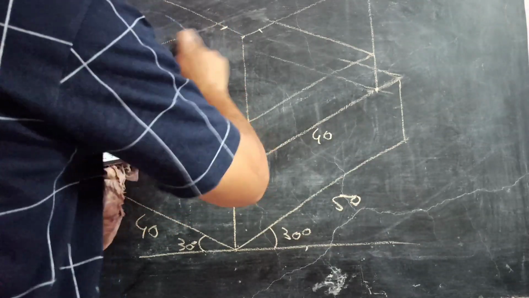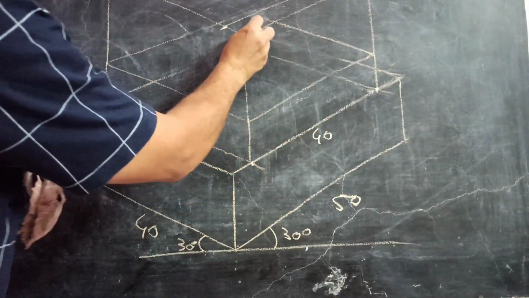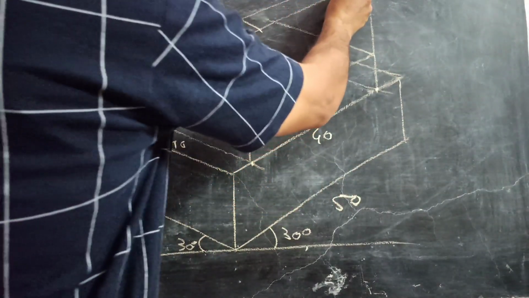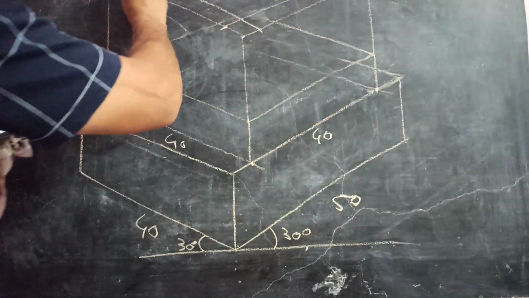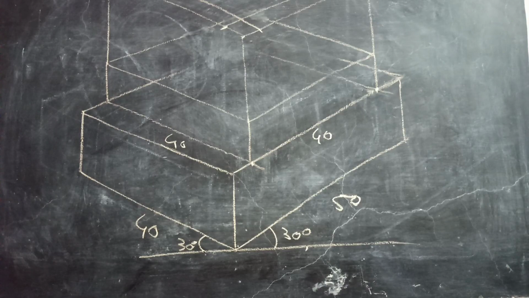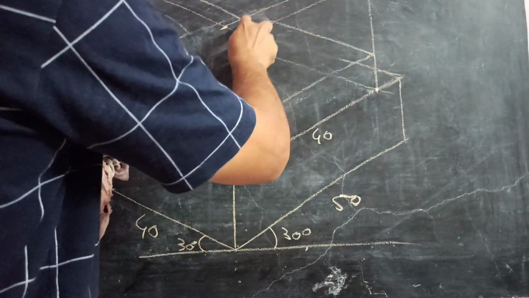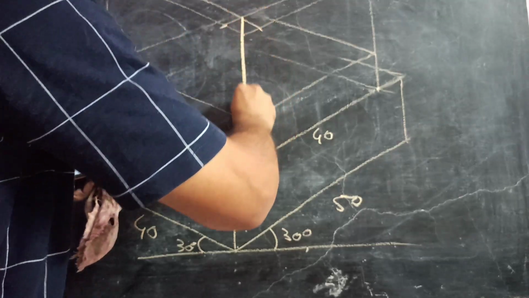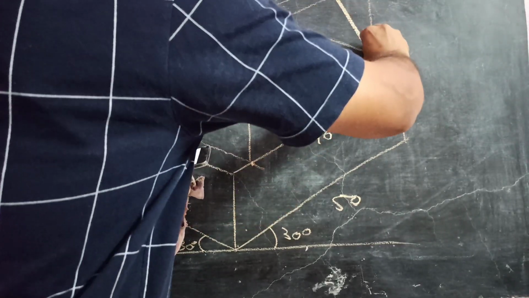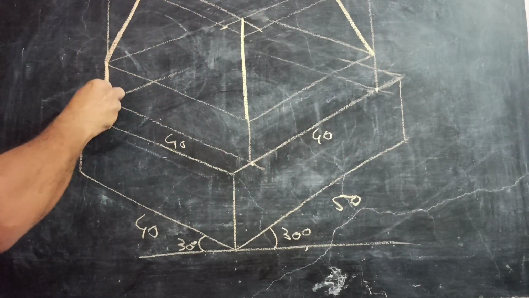So you can draw lines parallel to this. Draw lines parallel to this. So this is now 30 by 30. So you can join it. You can join this. You can join this.